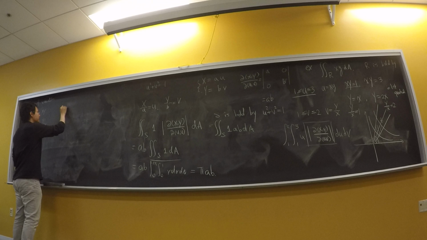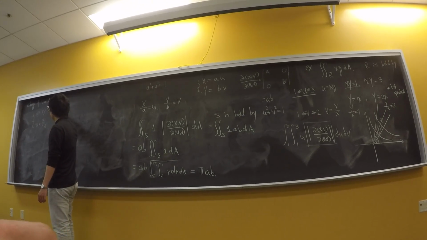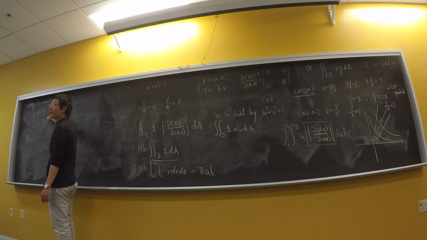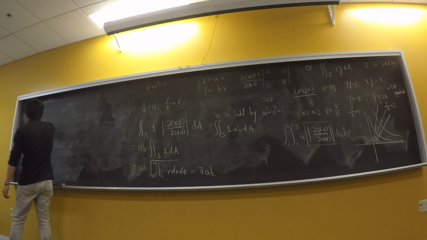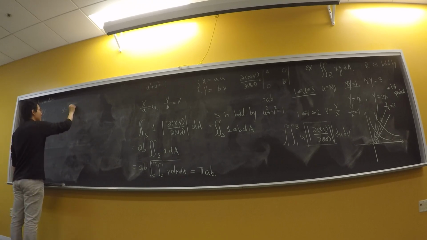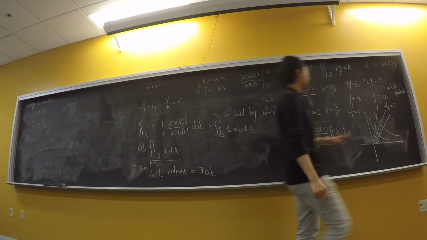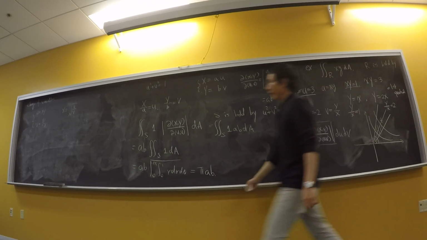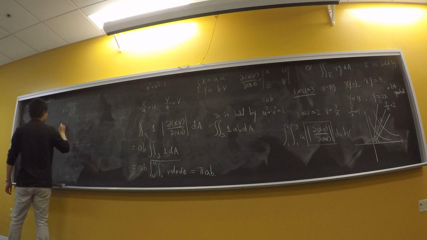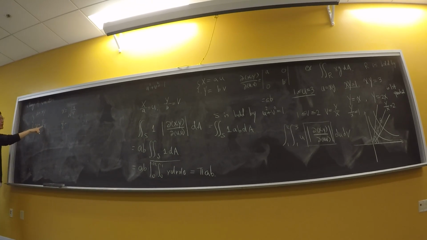So what is x? In order to get x, I can divide these two equations. I have x squared equal to u divided by v. So x is equal to the square root of u divided by v. I'm taking the positive square root because this is in the first quadrant. And y: if I multiply these two equations, I cancel x.